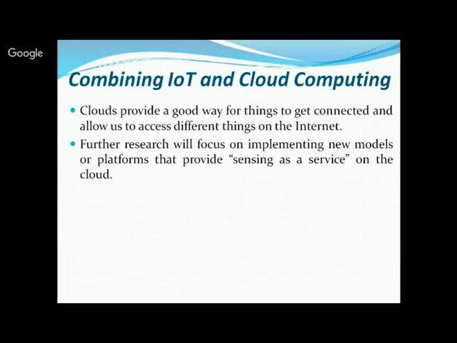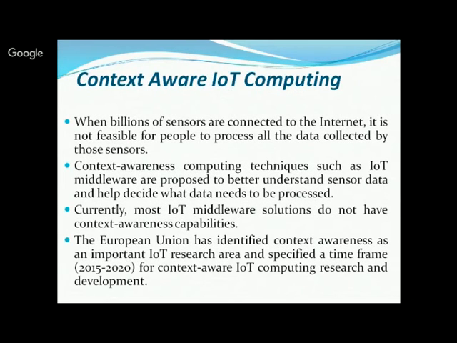Another is that you can definitely combine IoT and cloud computing. That is very much needed, that cloud can be combined with IoT. Another is context awareness for IoT computing. That is actually a new topic, how you can connect IoT with data mining, or knowledge discovery.